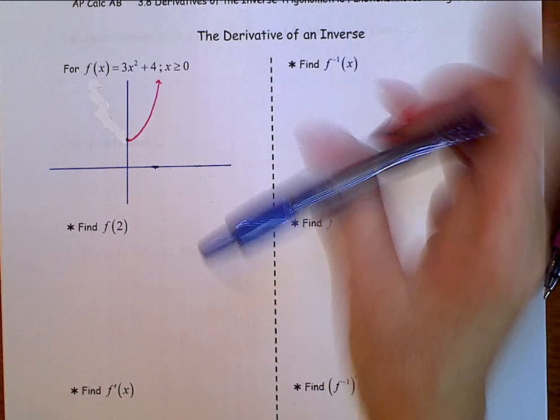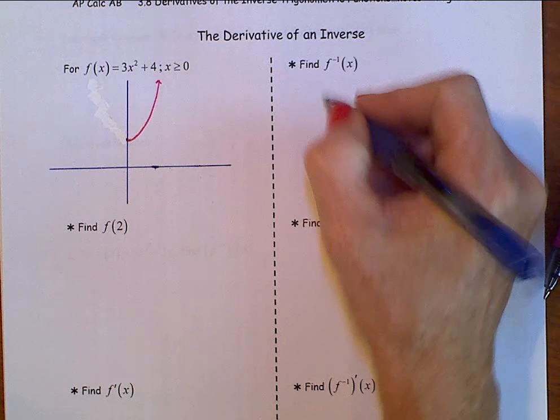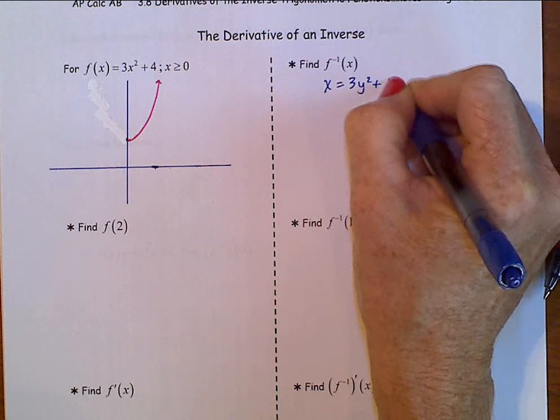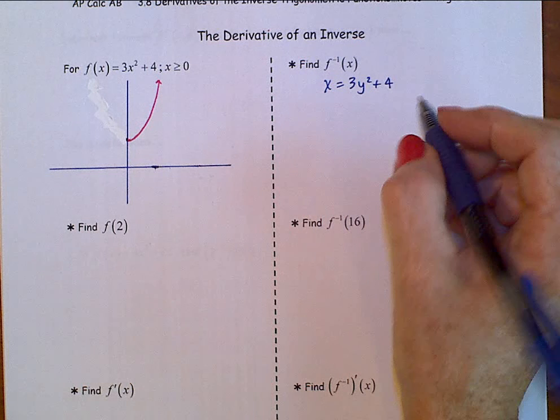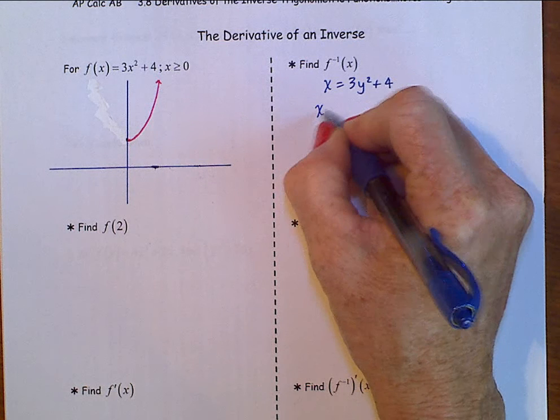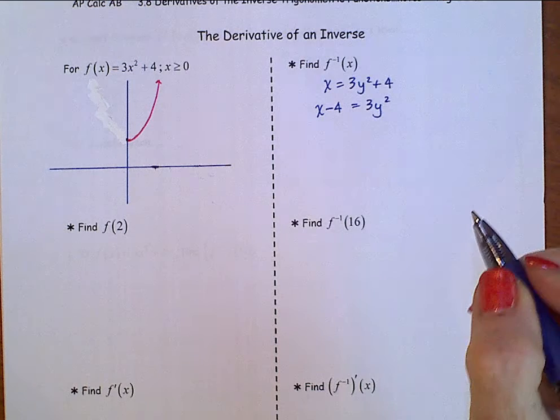So, since we're talking about that, let's go ahead and find that inverse right over here. And do you remember, to find an inverse, we switch the x and the y so that this will say x equals 3y squared plus 4. And then we'll solve for the new y. Subtract the 4. Is 3y squared. Divide out the 3.